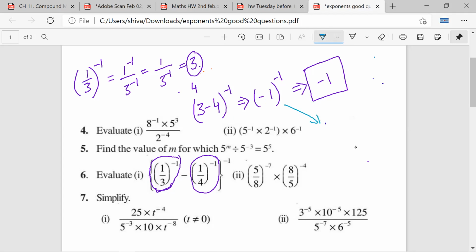See, Aishwarya ji, this can be written as 1 upon -1. Is it okay? Yeah. And this can be written as -1. Okay. Soumya ji, any doubt? No, sir.